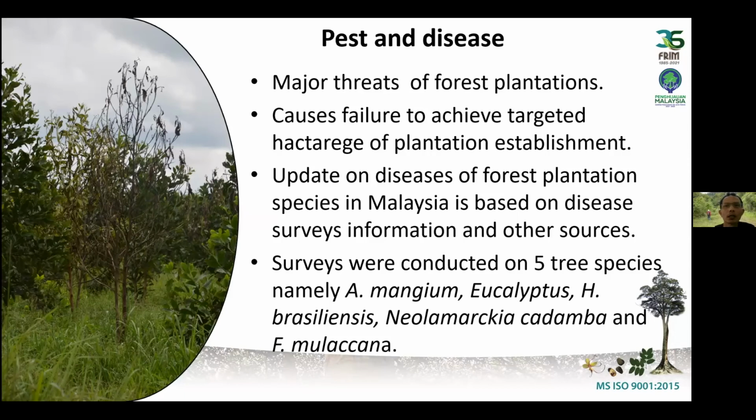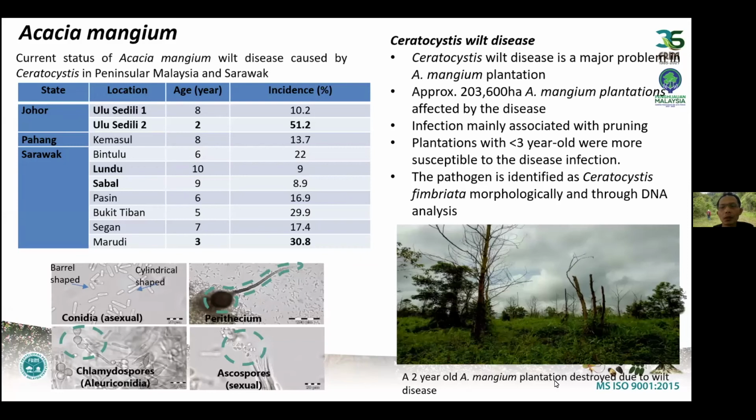First is Acacia mangium. Ceratocystis is a big problem, as I said before, in our Acacia mangium plantations, where approximately 200,000 hectares of plantation are affected by the disease. This disease attacks the tree through wounds, especially pruning wounds.